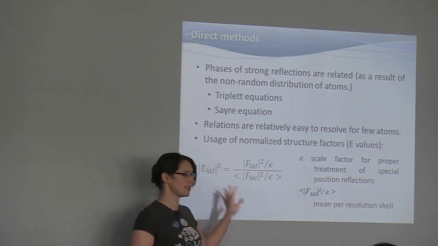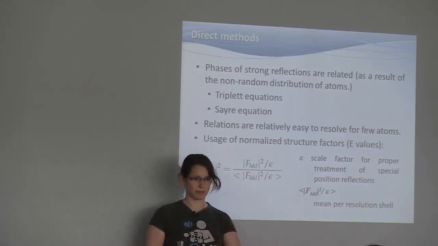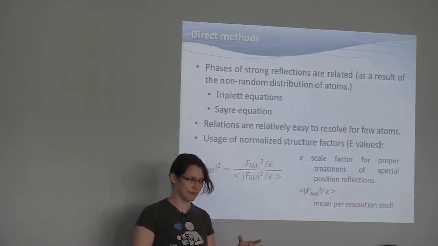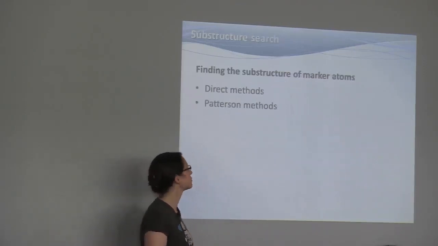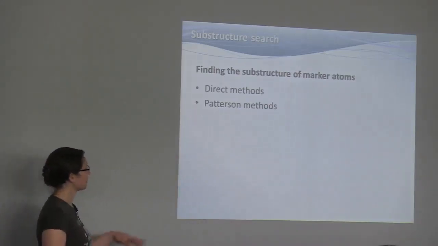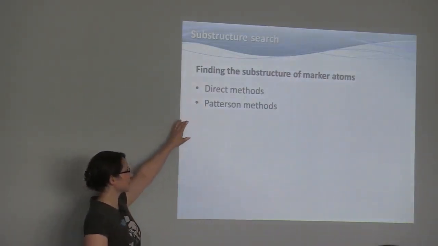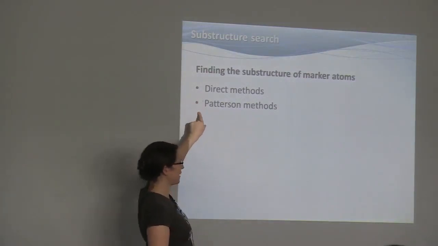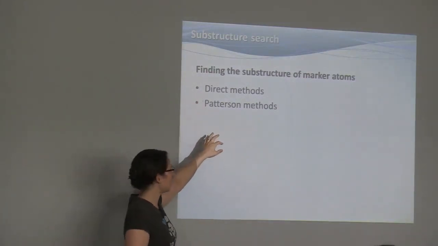And this is of the essence for macromolecular experimental phasing, because actually the moving about of atoms makes them very hard to find.